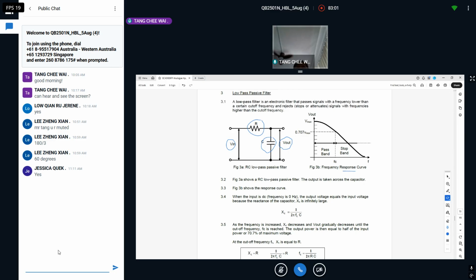For the low pass, it looks exactly like the one we saw earlier. First, I bring you back to the cut-off frequency, we call FC. For the low pass filter, the cut-off frequency is here.